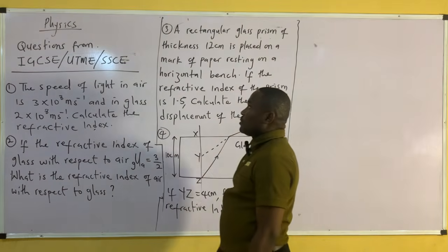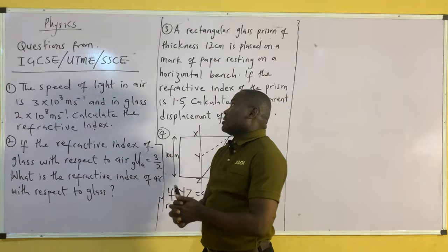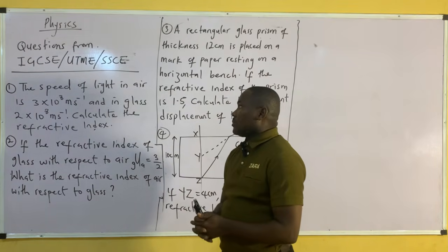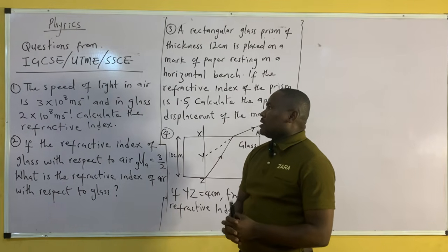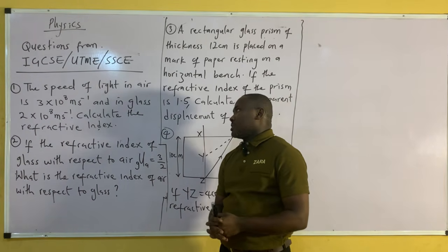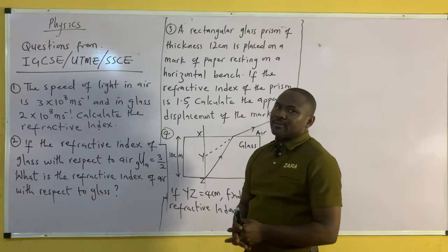Now we'll be looking at questions from some exam bodies such as IGCSE, UTME, and SSCE. Number one says the speed of light in air is 3 times 10 raised to power 8 meter per second, and in glass is 2 times 10 raised to power 8 meter per second. Calculate the refractive index.